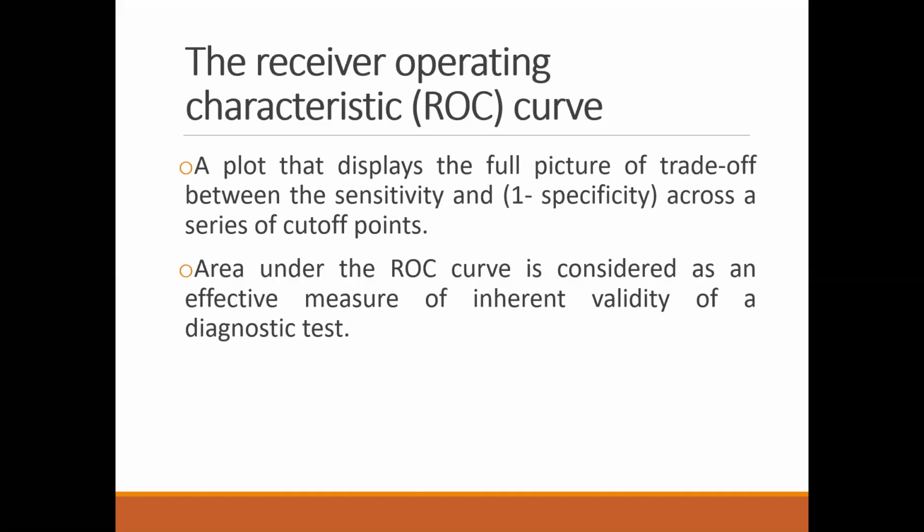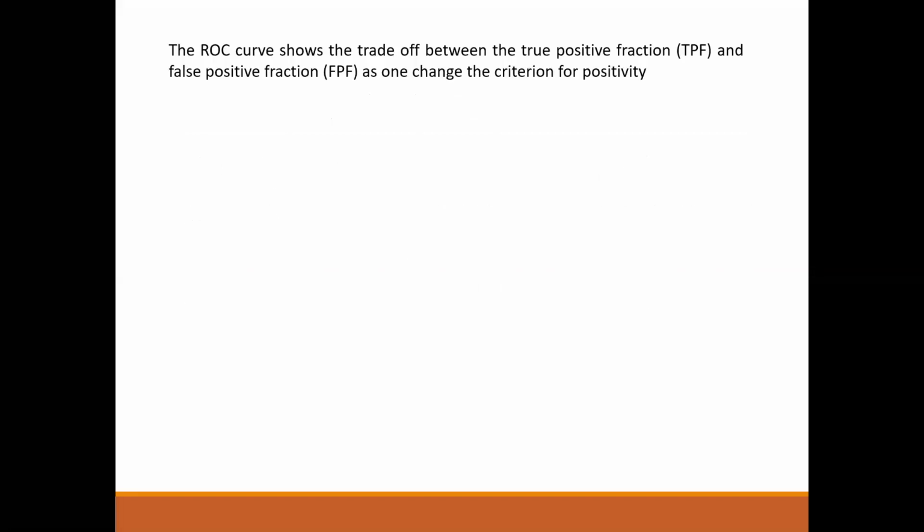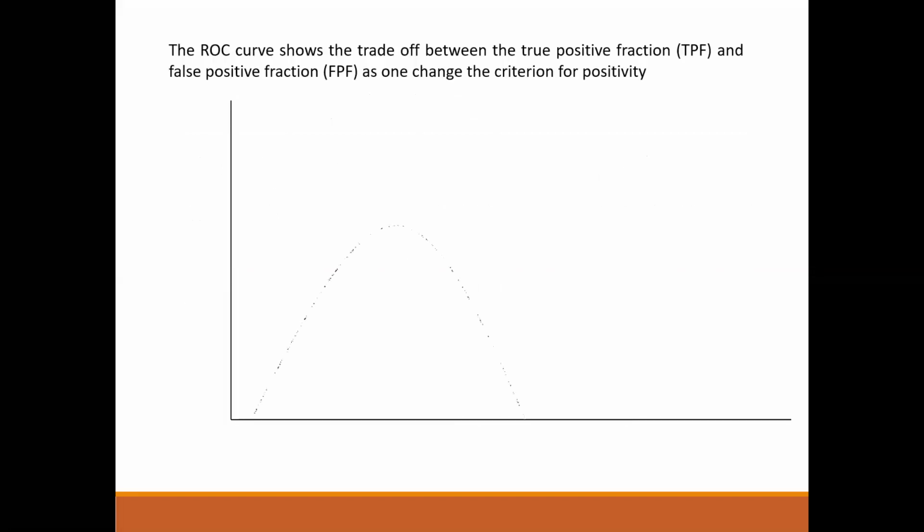The receiver operating characteristic or ROC curve is a graph that plots a full picture of the trade-off between sensitivity and 1 minus specificity across a series of cutoff points. And the area under the curve is considered an effective measure of the inherent validity of a diagnostic test. So let's see how it looks.